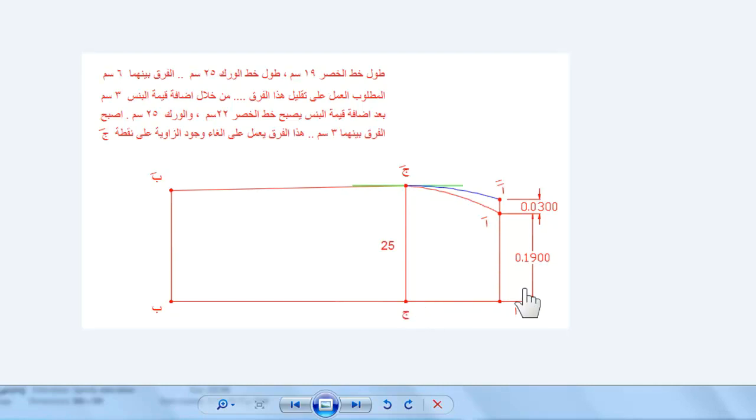We must reduce the difference between the waistline and hip line. To do so, we must add something new, which is the value of the top opening, which is 3 centimeters. This means the waistline A to open A, instead of 19, has 3 centimeters added, which makes it 22 centimeters.